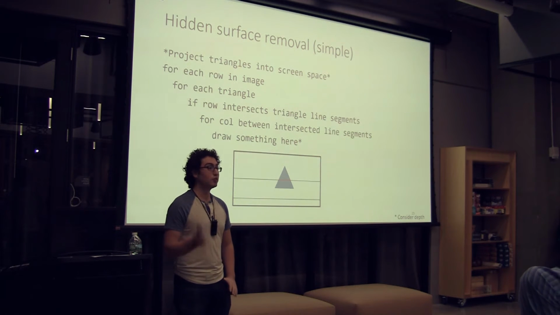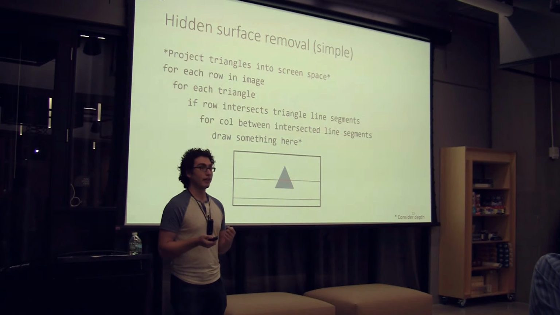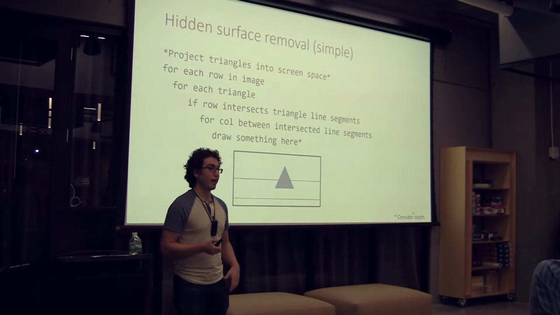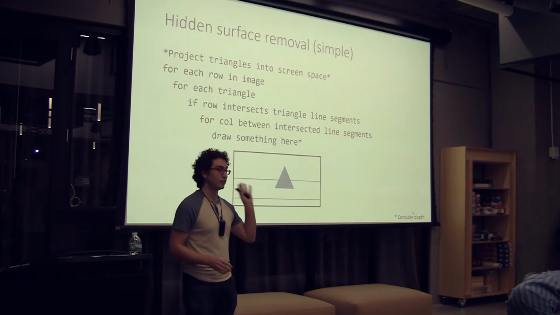Once we've done that, for each row, we're going to look at each triangle, and we're going to check if the line segments of our triangle are intersected by our row. If they're not, then we know that the columns in our row have nothing to do with that triangle. We just throw it out.